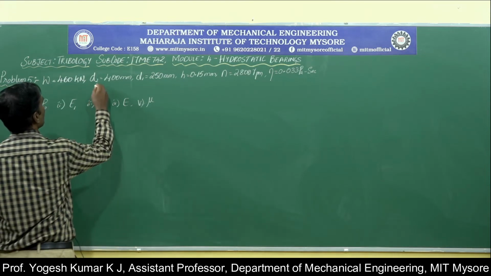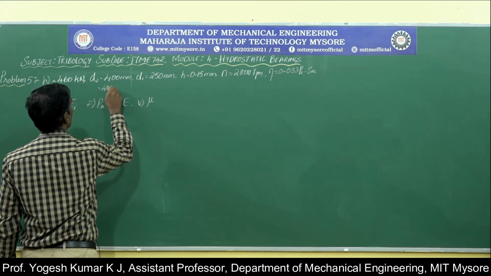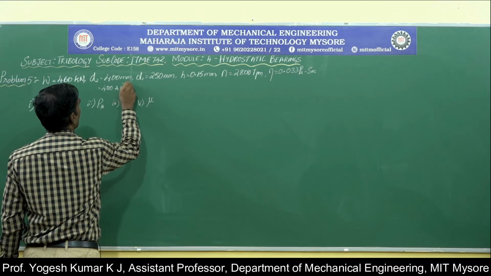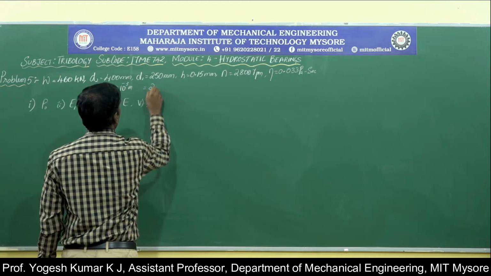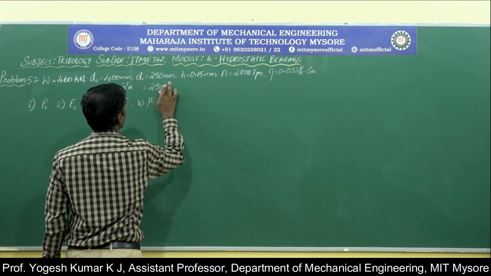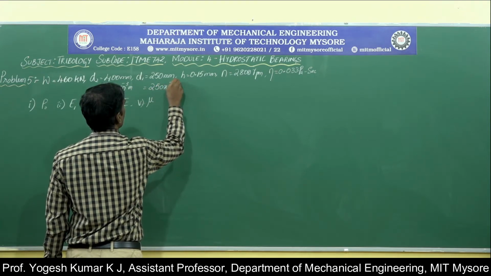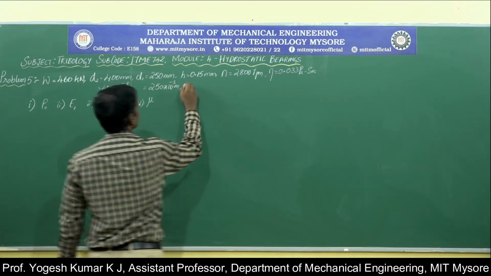Shaft diameter 400 mm, so let us convert that into 400 into 10 power minus 3 meters, and the diameter of the pocket 250 into 10 power minus 3 meters.